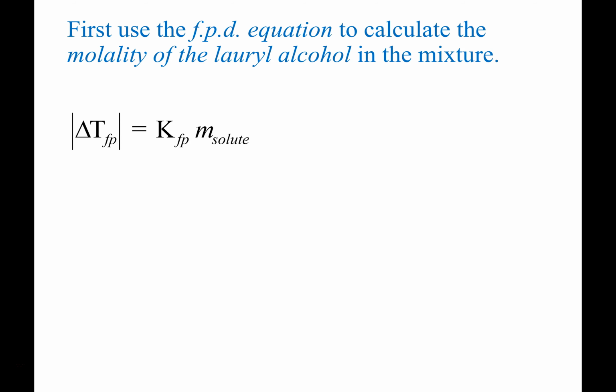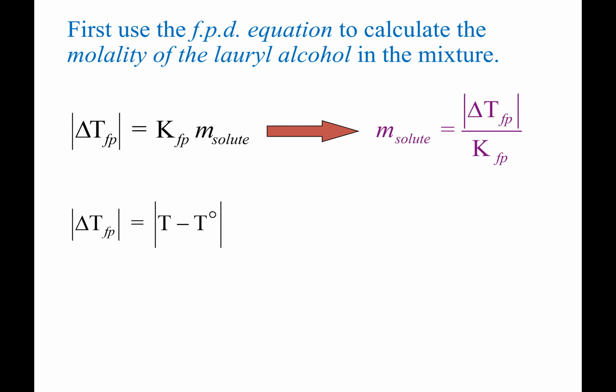So if we recognize that the depression that we're seeing can be quantitated this way, we can rearrange that to knock out molality. The molality of the lauryl alcohol, which is going to help us get to the molecular weight of lauryl alcohol, is delta T FP over KFP.